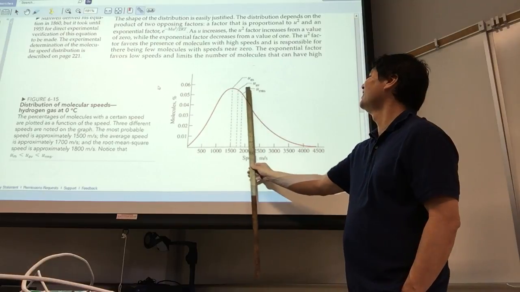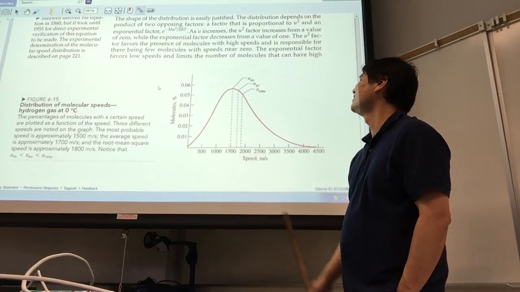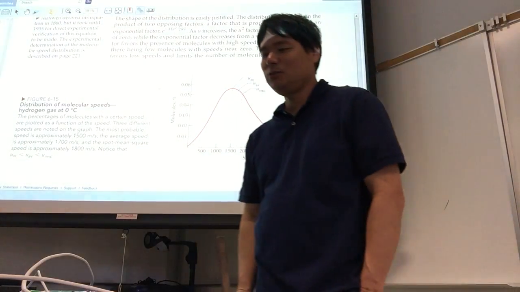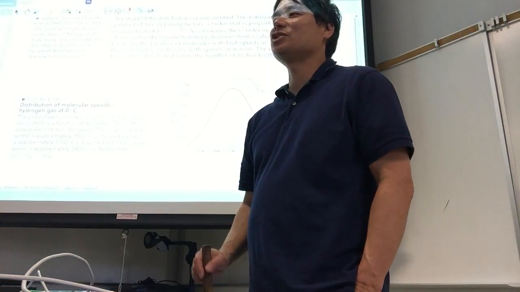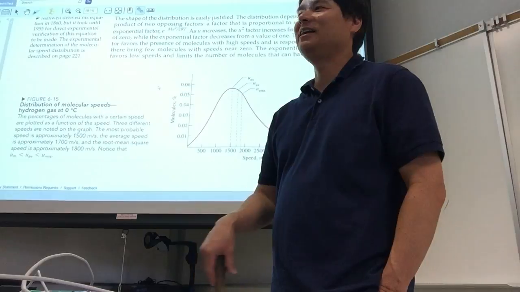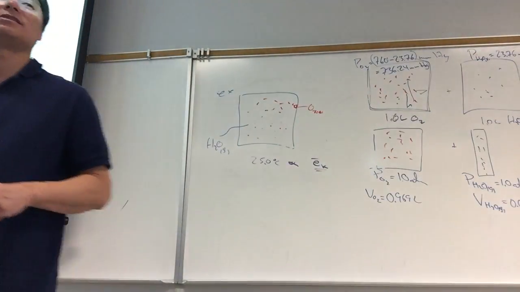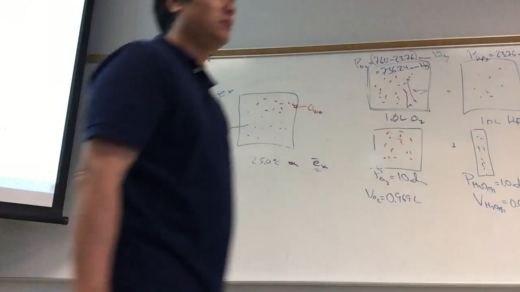which is given by this. Average speed. You would think the average speed would give you the average kinetic energy, but it doesn't. The average kinetic energy, you know, the average energy of this is not based on the average speed. You know what it's based on?